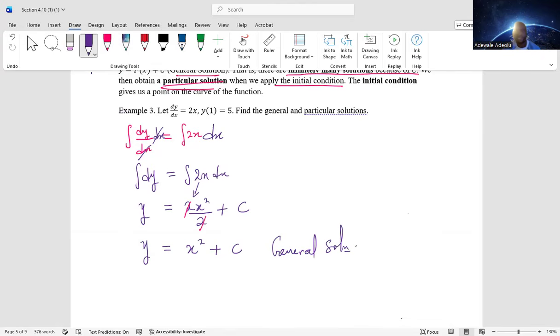Now, to find a particular solution, we will need to use our initial value. What this means is that when x is 1, y is 5. That's what it means, (1, 5). So when x equals 1, y equals 5.